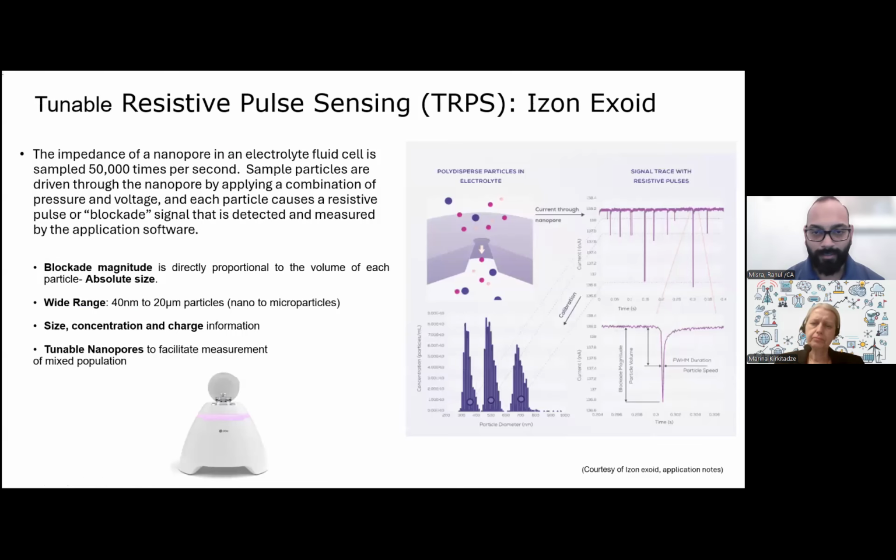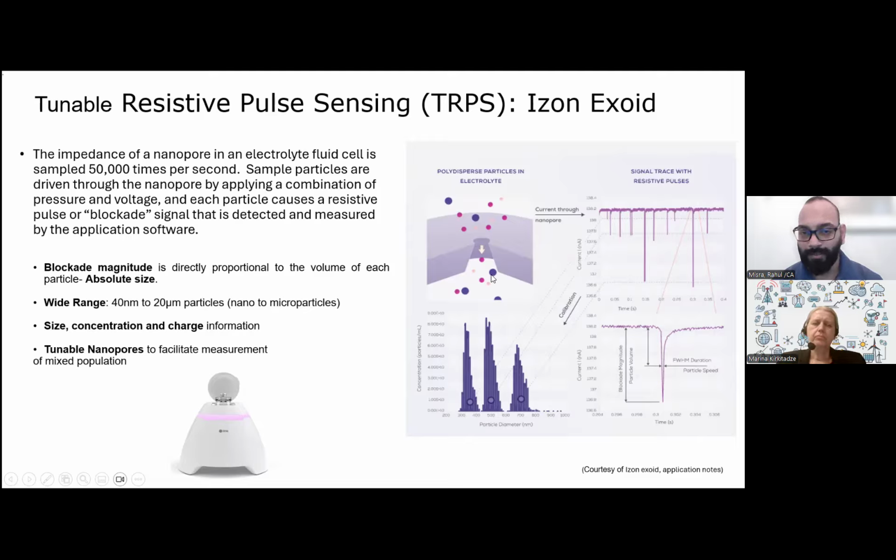We can understand this a little more in this schematic. The schematic is from the iZON Exoid application notes, and this is how the instrument looks. iZON is the company, and the name of the instrument is Exoid. Imagine this is your nanopore, and your particles are in the electrolyte solution, and the nanopore has a baseline current through the electrodes.